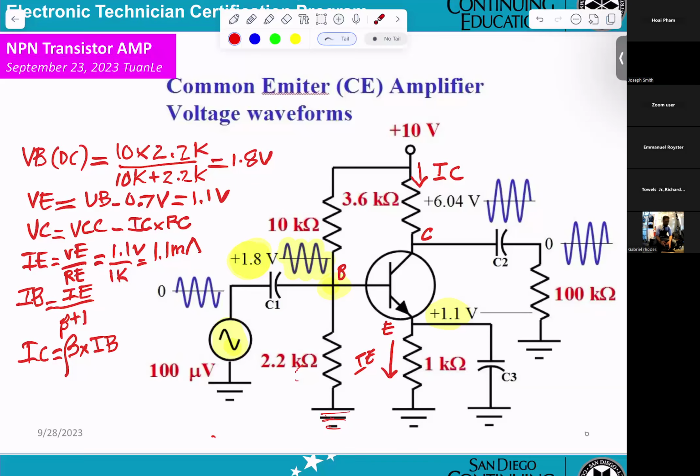That means when you want to measure the 100 microvolt AC on your scope, you have to set AC coupling, so it ignores the 1.8 volt DC. That's why you can see the sine wave.